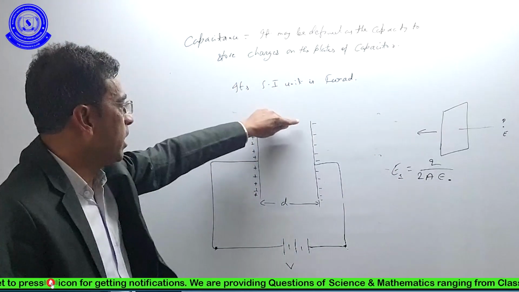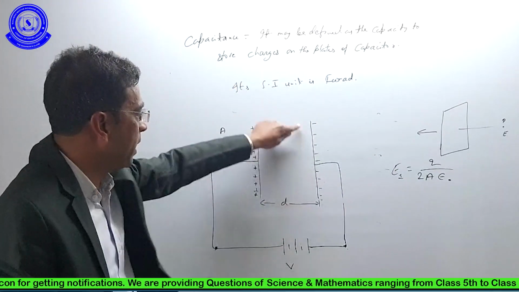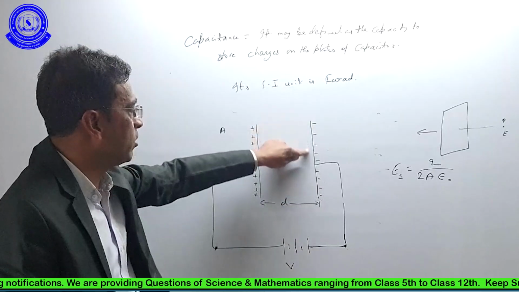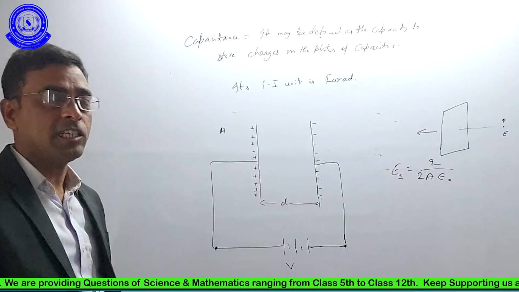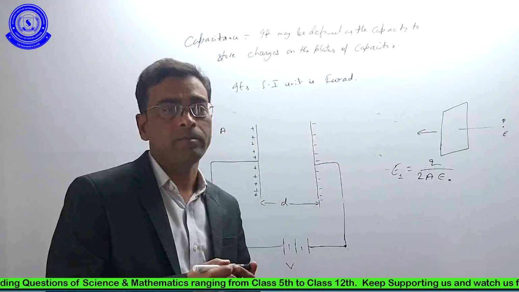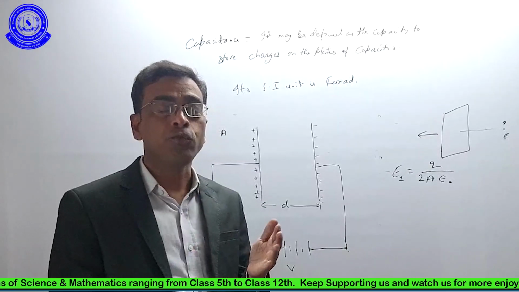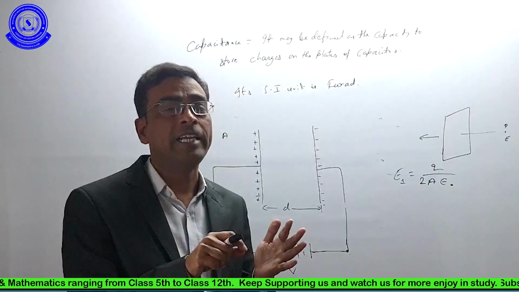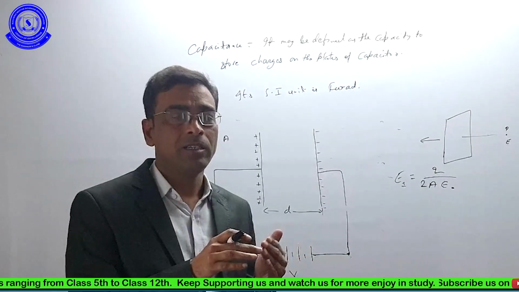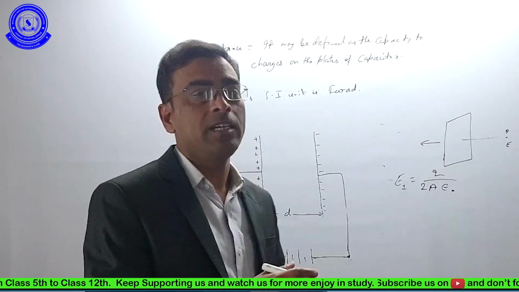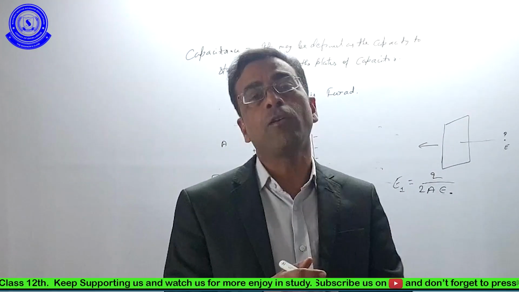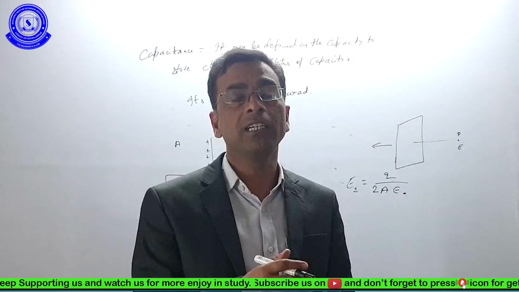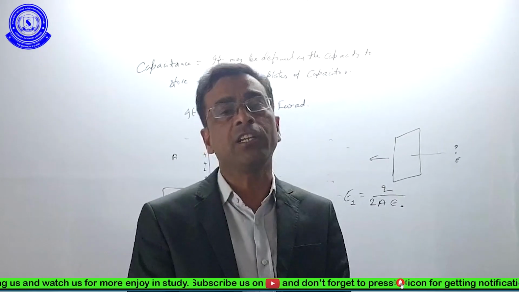For the negatively charged plate, the direction of electric field is always away from the positive charge and towards the negative charge.